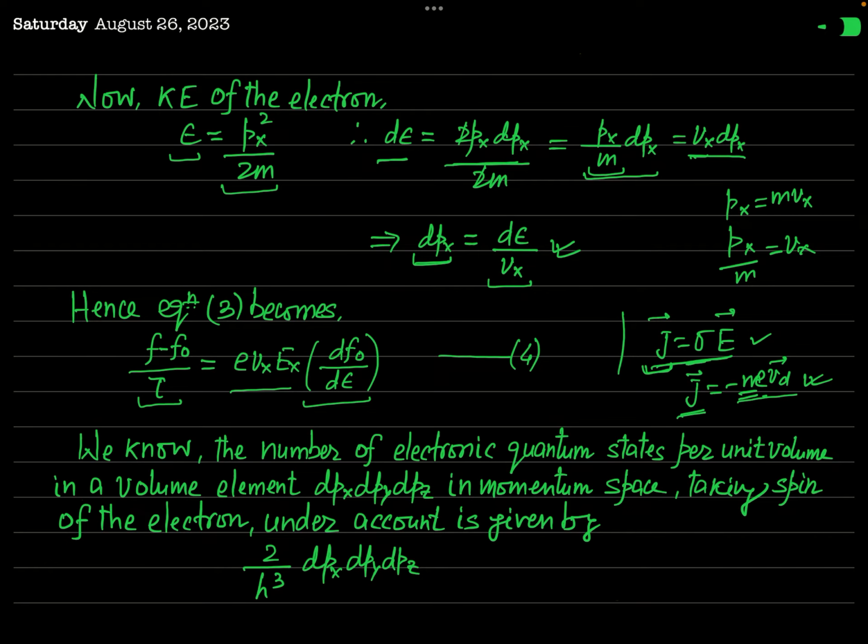It has spin half and two spin states, plus half and minus half. All these things you have to consider. So using the idea of Fermi-Dirac statistics, step by step, we will be able to find the number of electrons taking part in the conduction.